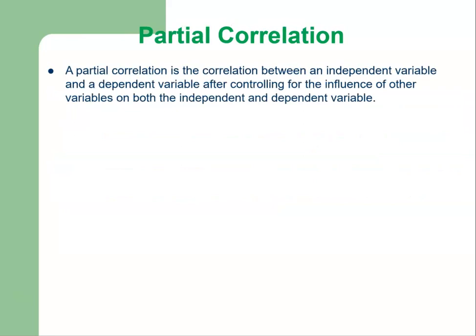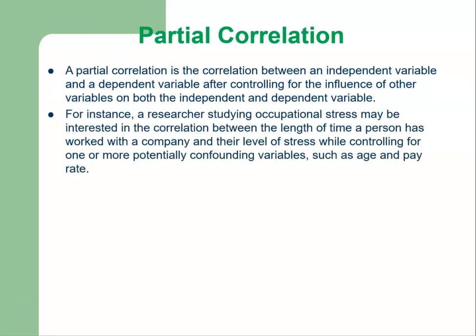Here again, this is a partial correlation definition. I'll give you an example. Let us suppose a researcher studying occupational stress may be interested in the correlation between the length of time a person has worked with a company and their level of stress while controlling for one or more potentially confounding variables that may include age and salary.